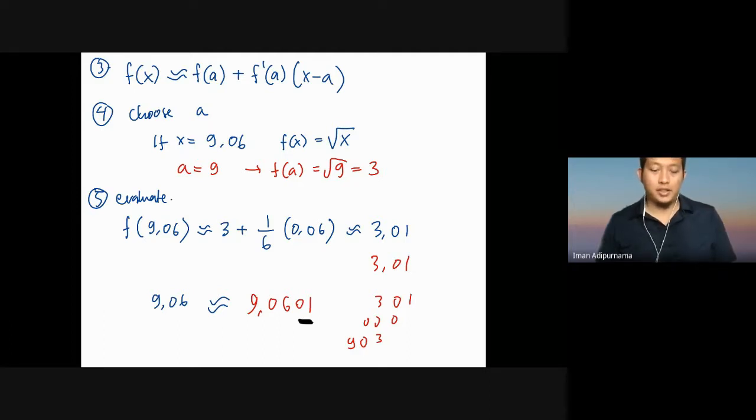The error will be determined by how many decimals are behind the number. Like for example, you can also have 9.0600000001 maybe. So it's much better than this 01 here. This is better than this, right? But it's still close to what we are going to find.